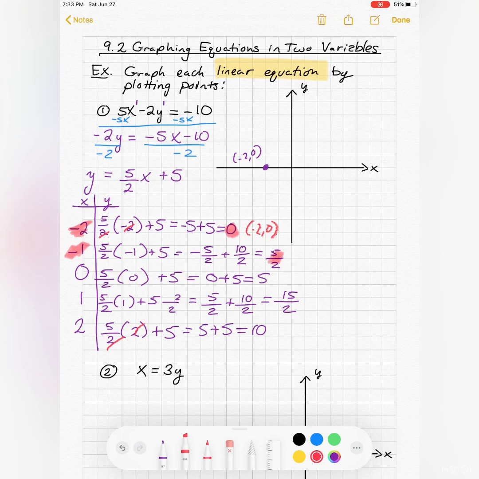Next row, -1, 5 over 2. So 5/2 is 2.5. Zero, 5.